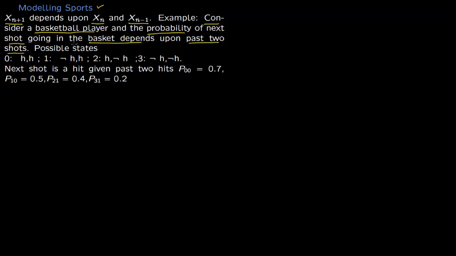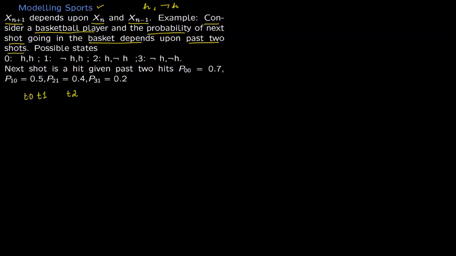The possible states for the past two shots are either he hits it or he does not hit it. This is a not sign, which means he misses it. So there are four possible combinations. We are going to write it like this, T0 and T1. These are the past two and T2 will be the future.